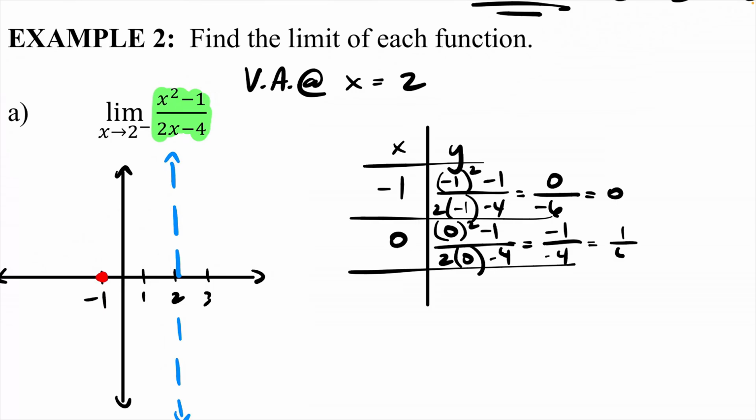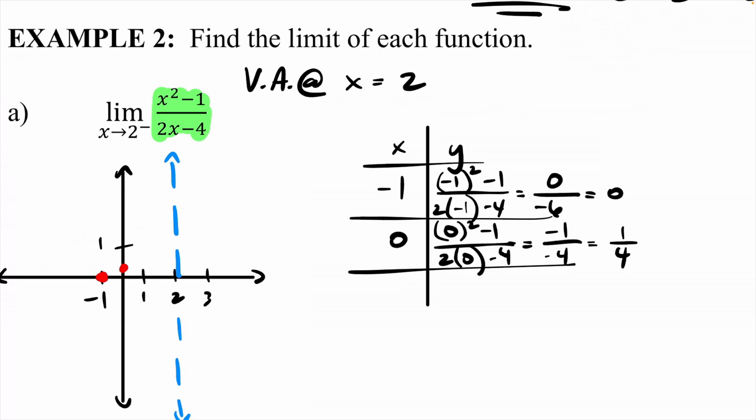You get positive 1/4, right? So did it go up or did it go down? It went up barely, right? It went from (-1, 0) to (0, 1/4). So it did go up just barely a little, not even a whole unit. If we had a whole unit there, it would be like that.